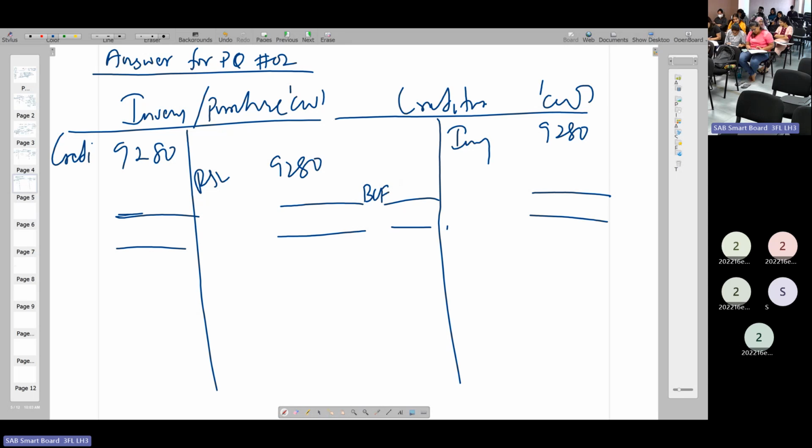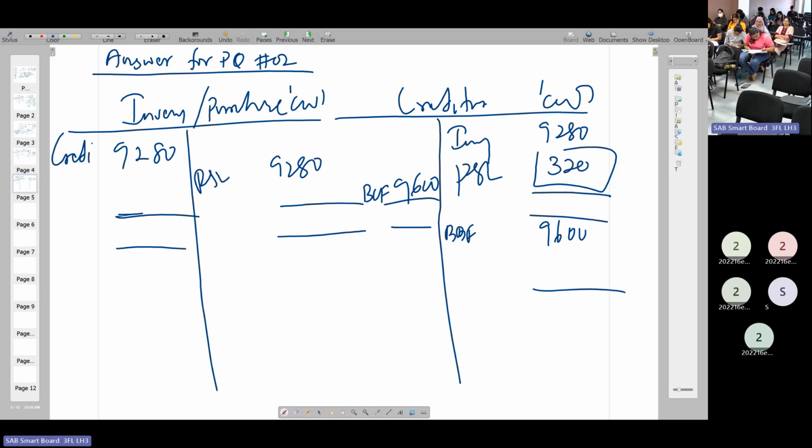Balance carried forward, balance brought forward, 9,600. The difference here should be charged to P&L, 320, 320, 320.